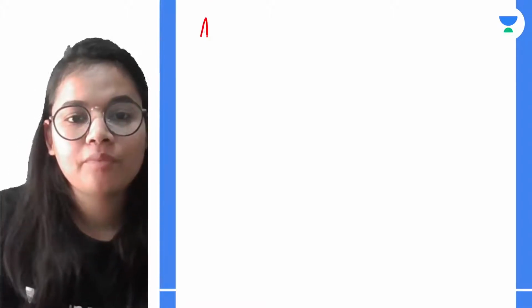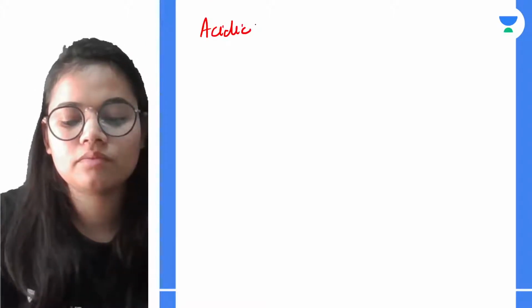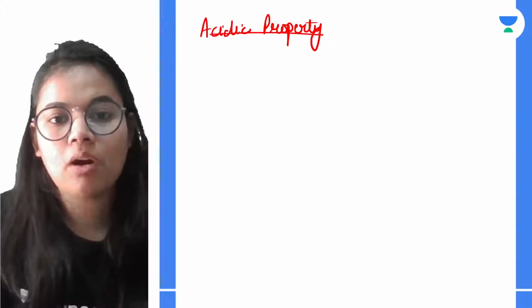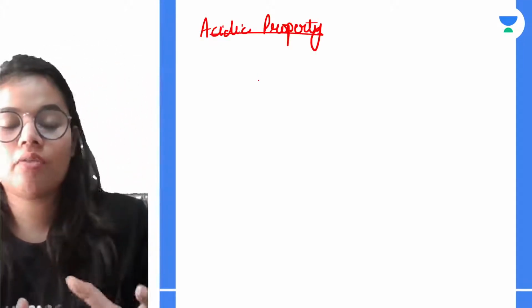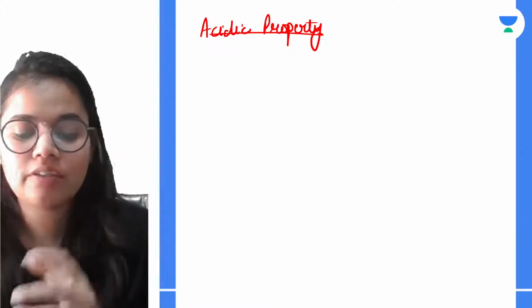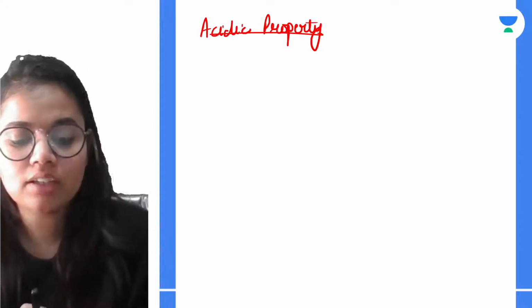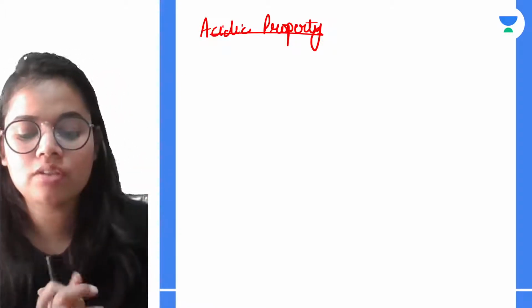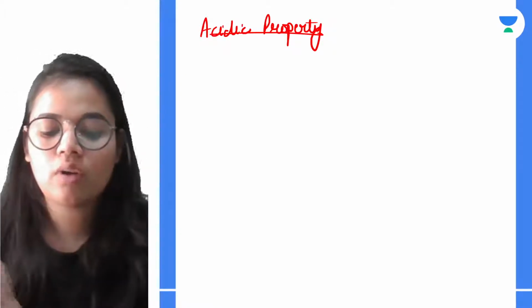So first of all, acidic property. If I talk about the dilute sulfuric acid, it very well reacts with metals, and it reacts with metals which of course are above hydrogen in the reactivity series. So what does it form?